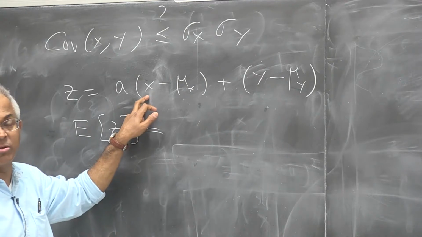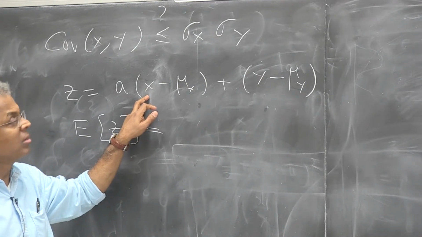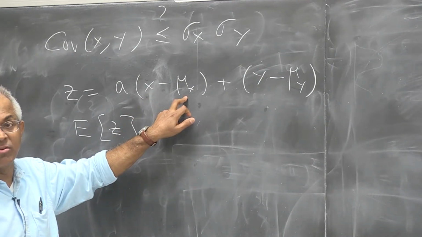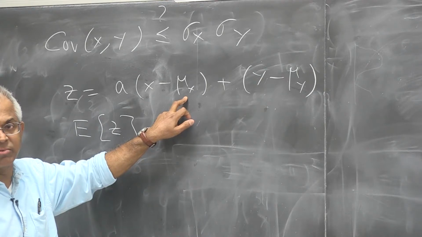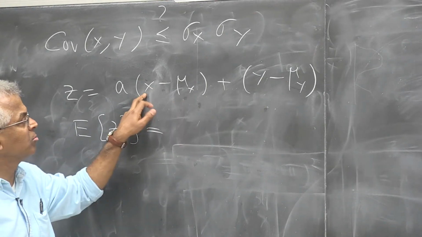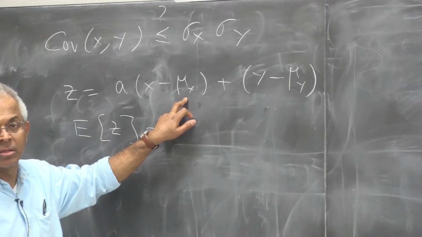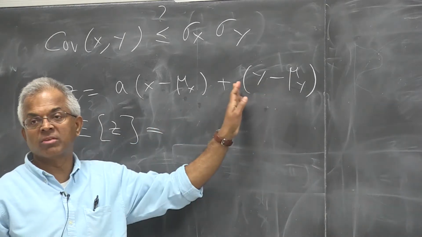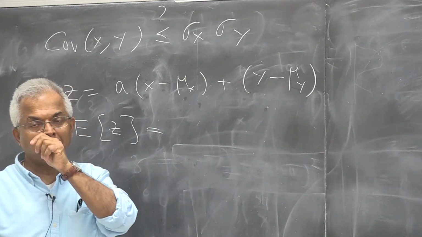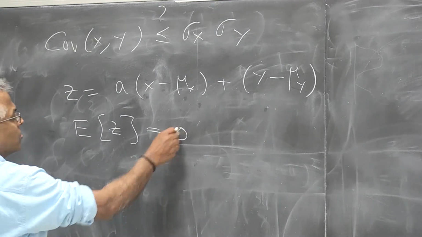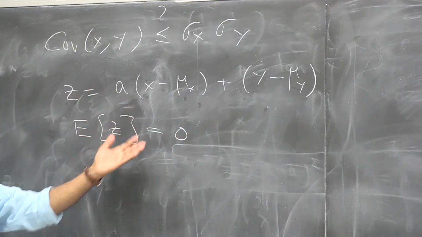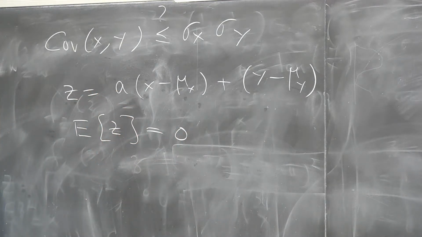Anyone? What is the expected value of this? Minus the expected value of a constant, which is the constant itself. So mu_x minus mu_x. What is the expected value of this term? So if you subtract the mean, of course you get a random variable with zero mean.